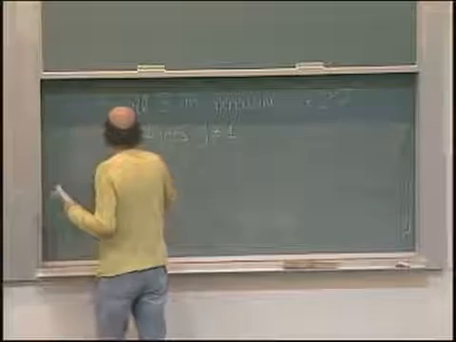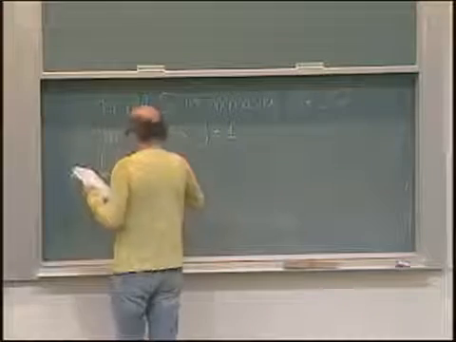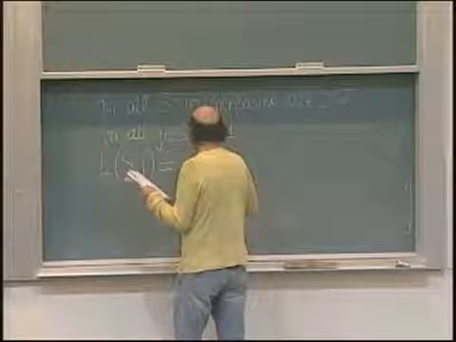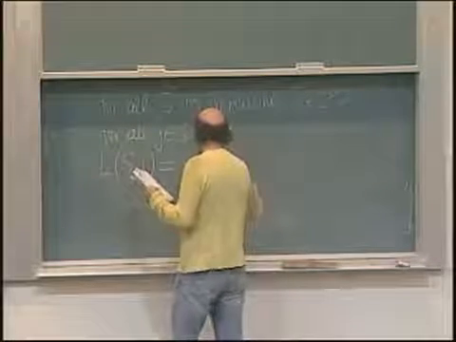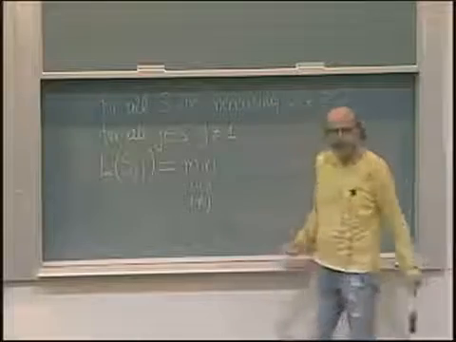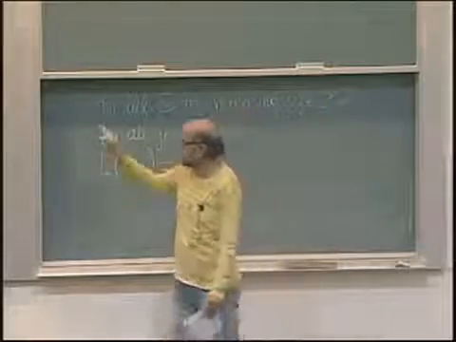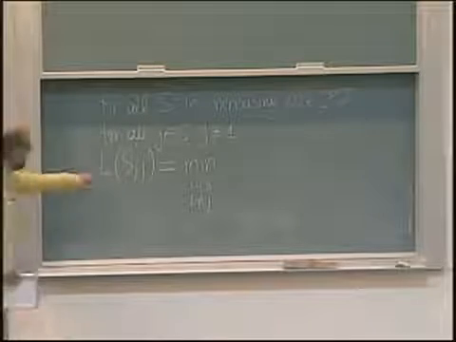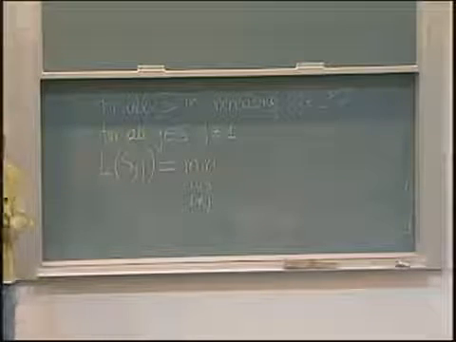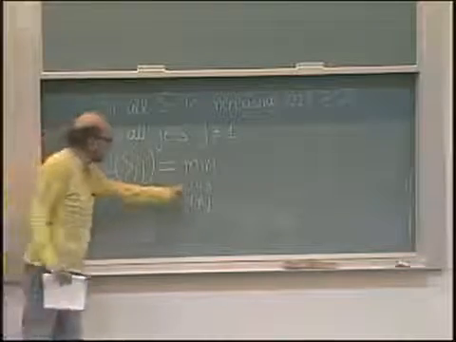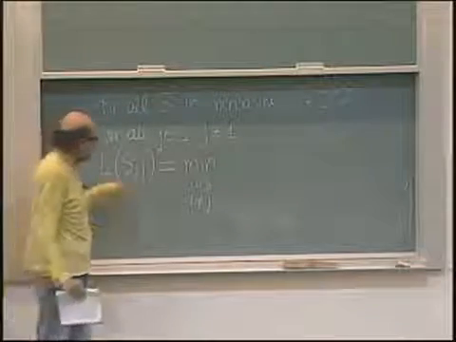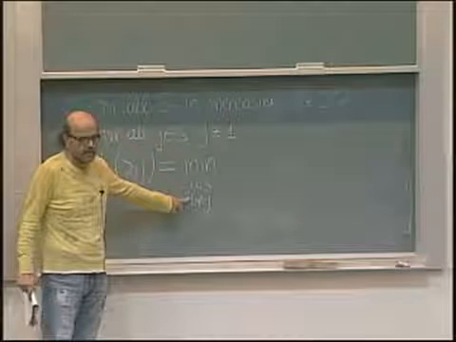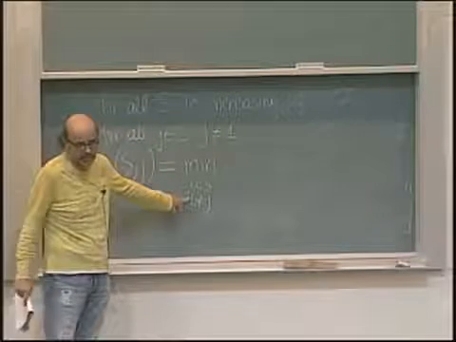L of S,j is the minimum over all i in S, i different from j. So what is the length of the shortest way to start from 1, visit everything in S, and end up in j? Well, there must be some other city in S that is the next to last hop. Let's call it i.